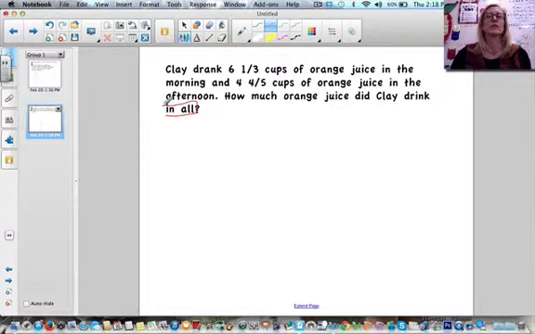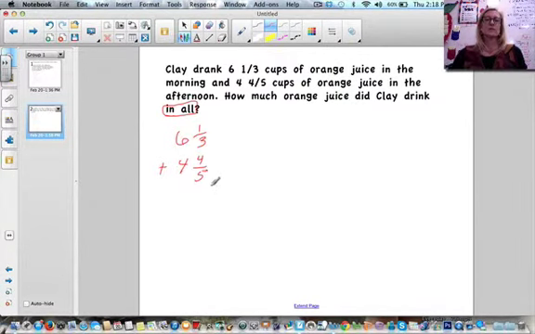That's another expression that tells us we need to add these numbers together. We're going to set up the problem just like we did the last time: 6 1/3 plus 4 4/5.